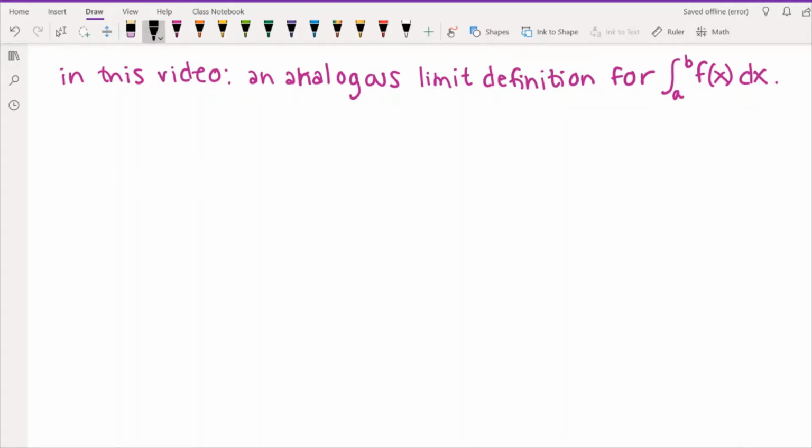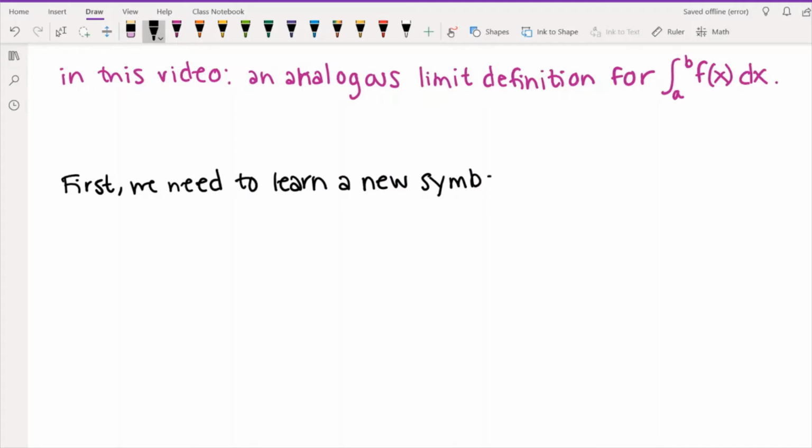We're going to learn a new symbol. So first, we need to learn a new symbol. It's a Greek letter, the Greek letter sigma, which is written like this.